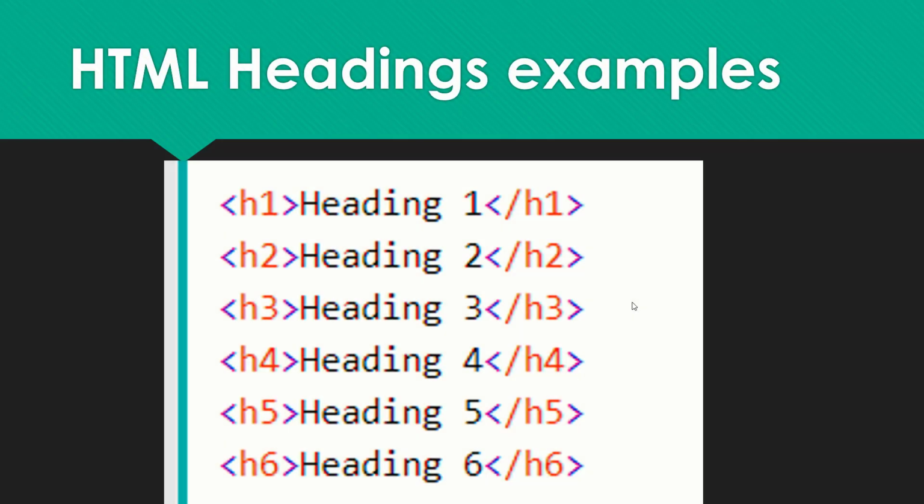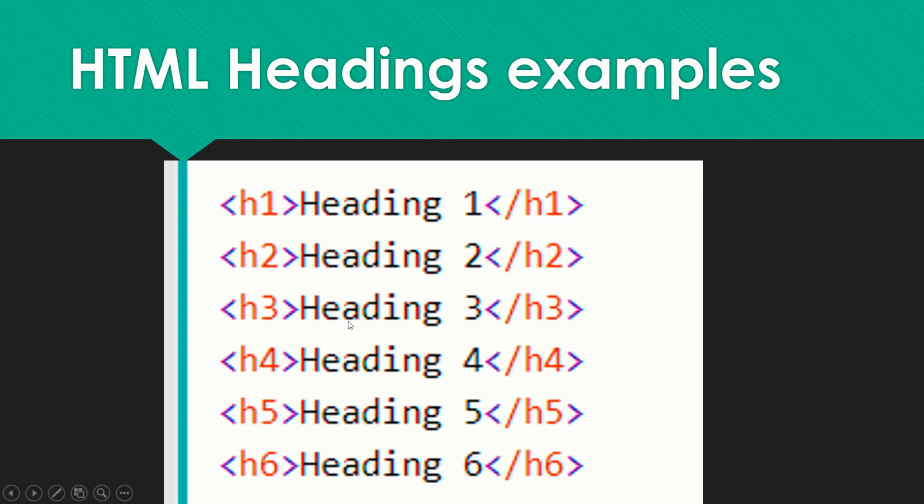This is how HTML headings are. For example, we have H1, H2, H3, H4. This one is the most important. If the H2 tag is nested in the H1 tag, it means that the H1 tag is the main heading and the H2 tag is a subheading, if they're in the same division or the same section.